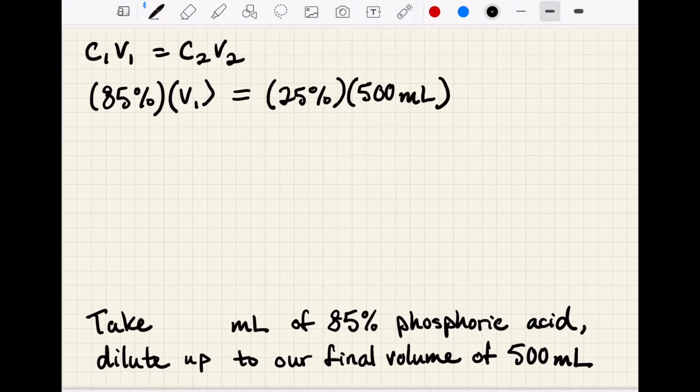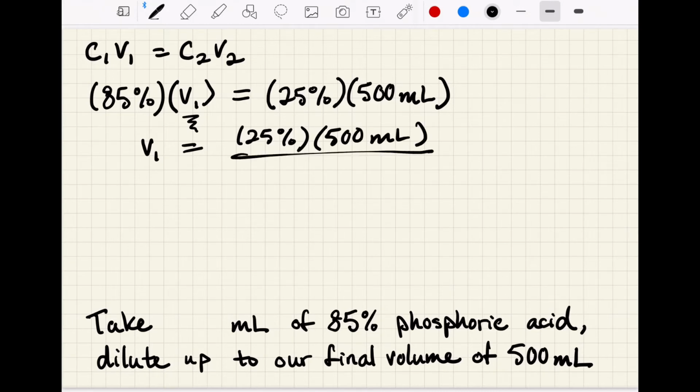So now we're just missing one piece of information, which is that V1. So that's what we're going to solve for. Okay, so V1 equals our right-hand side, 25% times 500 milliliters divided by that 85% from the left.